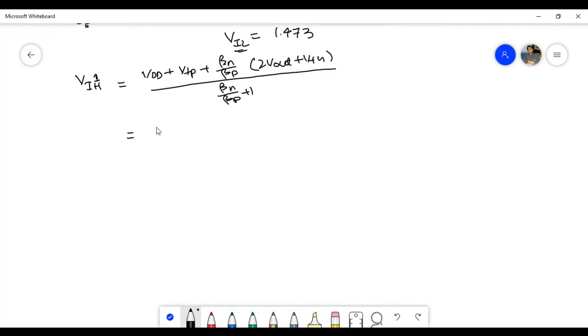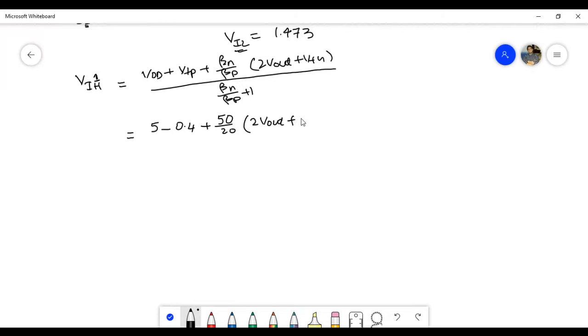VDD is 5. VTP is minus 0.4, and beta n by beta p is 50 by 20. 2 into V out, we don't know, because for low we calculated V out; now for high we have to calculate V out.